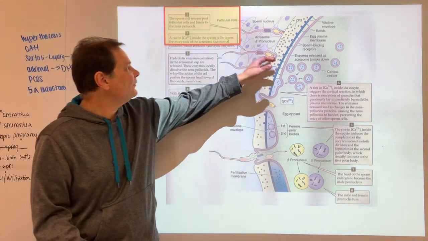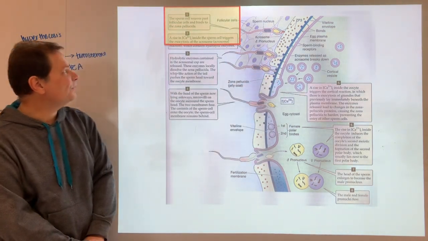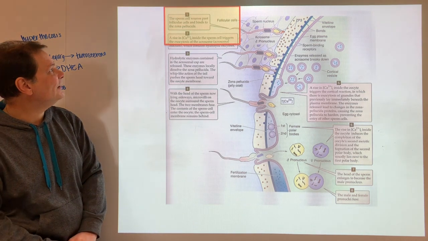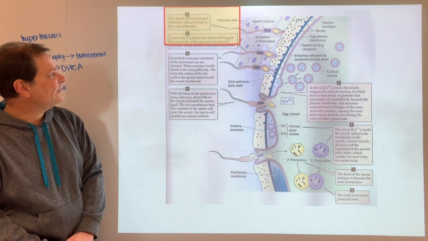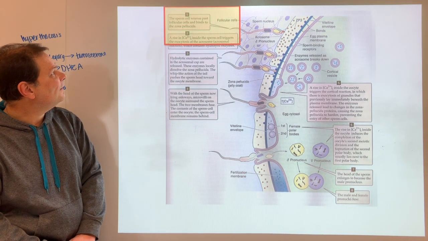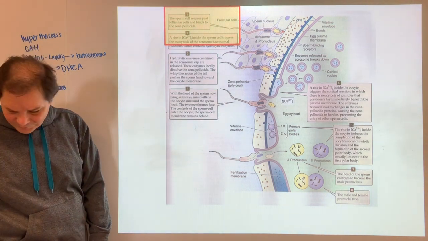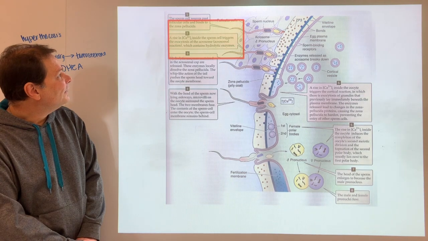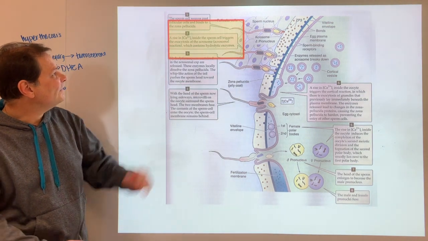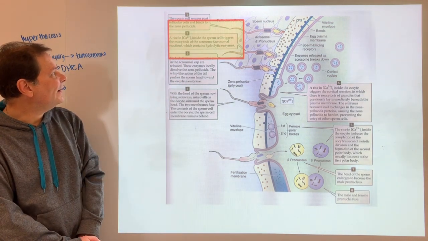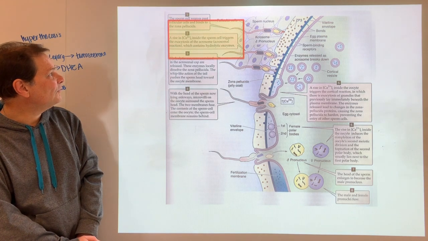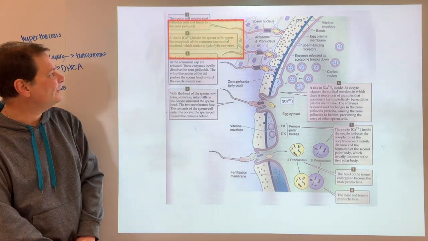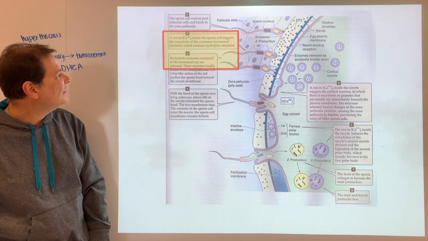Again, this is another nice figure that sort of takes you through the process. You weave through the follicular cells that are stuck to the zona pellucida, and you bind the zona pellucida. A rise in calcium in the sperm triggers the exocytosis of the acrosomal enzymes, and you get the acrosomal reaction.